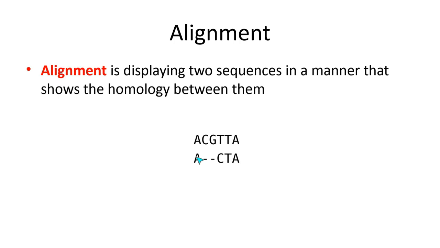We're saying this C is homologous. In this case, this is a deletion, so we're saying the C was deleted. We're saying the G was deleted. We're saying this T is homologous to this C, which means there was a substitution mutation. We're saying this T is homologous to this T, and that A is homologous to that A. By doing an alignment, you're making statements about homology, and about what has changed.